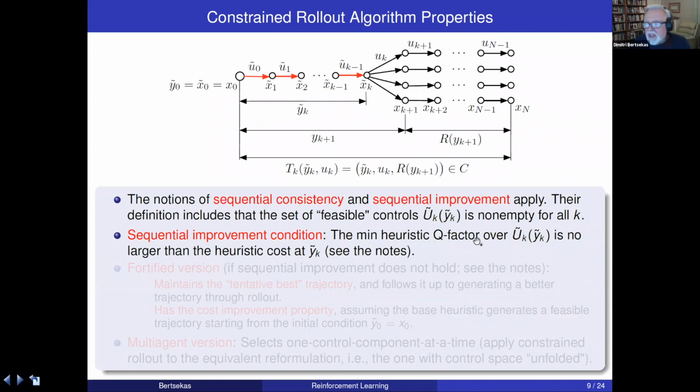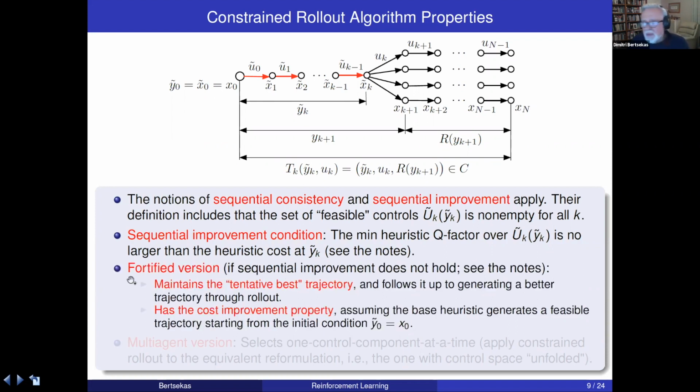Now, a lot of things can go wrong if the sequential improvement condition is not satisfied. In particular, there may be no feasible trajectory. You went merrily along here, but all of a sudden you've realized that you reached the point where you can't satisfy the constraint anymore. So to deal with this, there's a fortified version, whereby once you find a feasible trajectory, you keep it for later, just in case you can't find another one that's feasible.